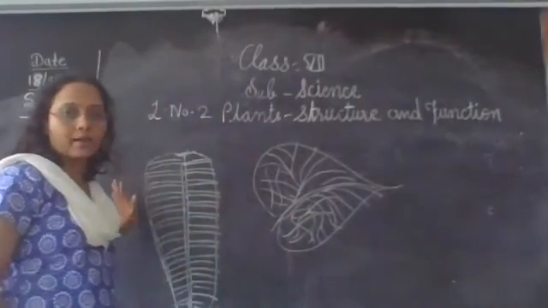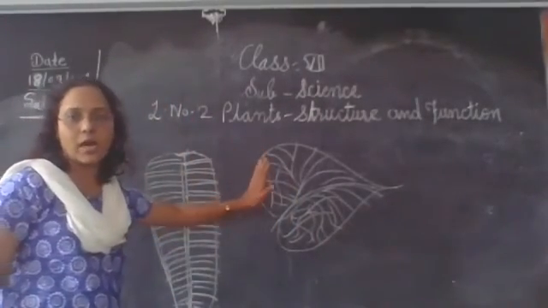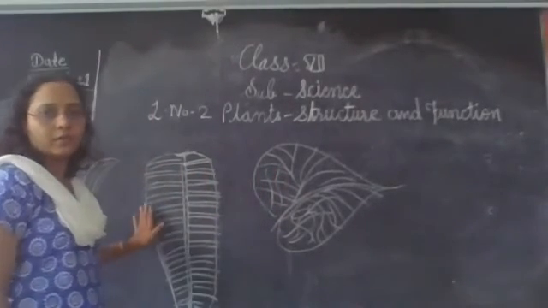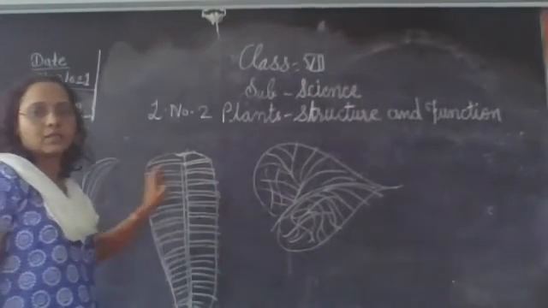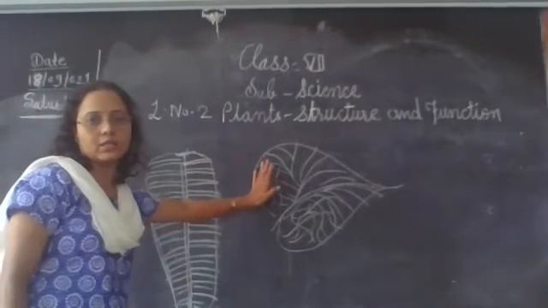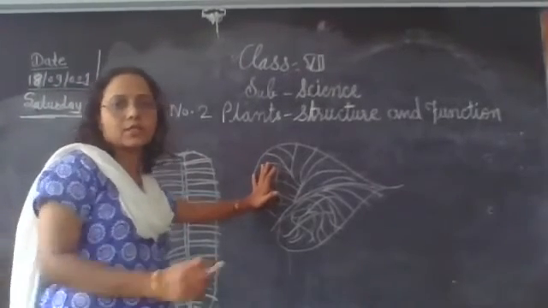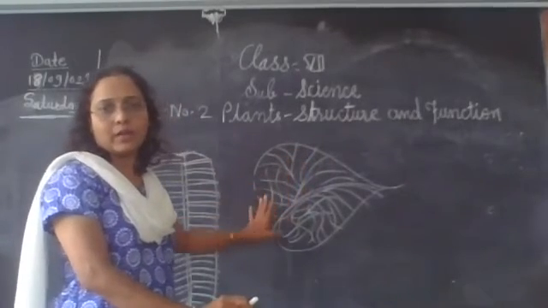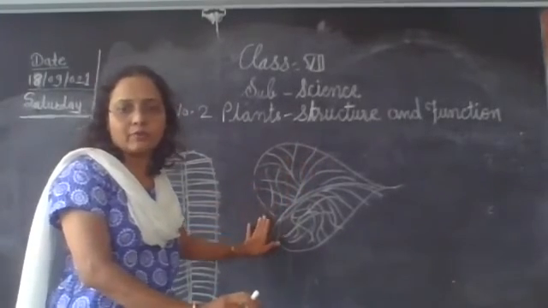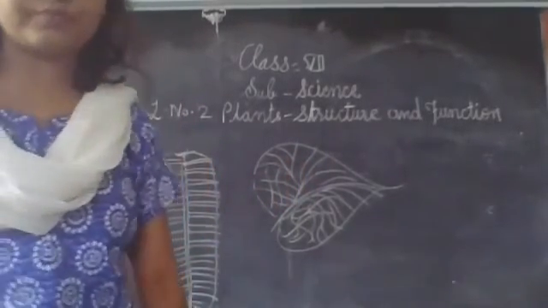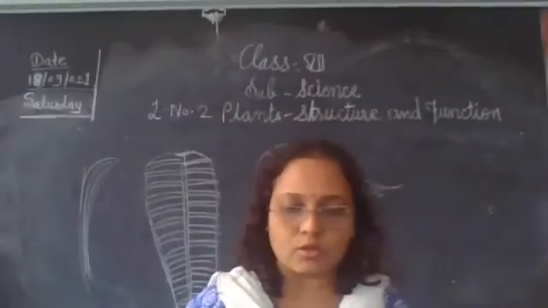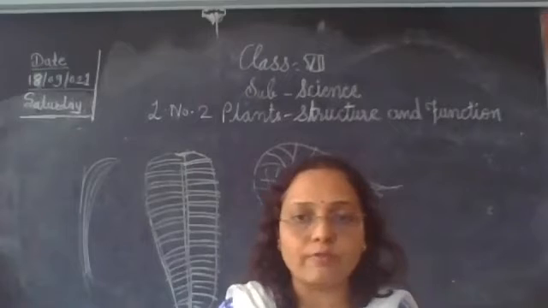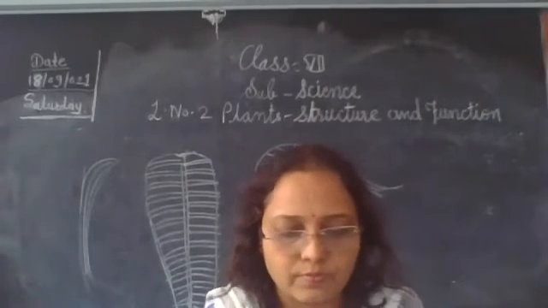So this is parallel venation. This is reticulate venation. See the difference? The veins are parallel here in banana and in grasses, but in other plants, like the peepal plant, the veins form a network-like structure, and this is reticulate venation. So parallel venation and reticulate venation are the two types of venation found in leaves.